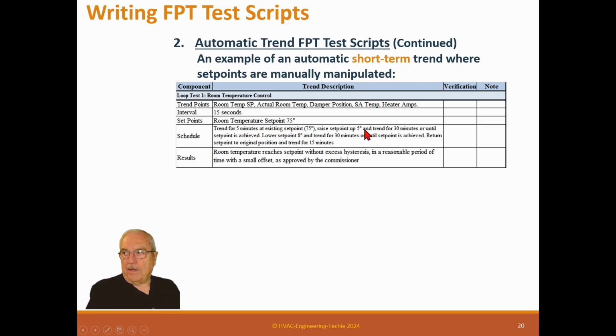Raise set point up 5 degrees and trend for 30 minutes or until the set point is achieved. So what we're going to do is take this existing set point and then raise the temperature to get it into heat. So now we're going to watch, make sure this heater comes on. And then after it's got the temperature set point, because we want to know how long it takes, then we're going to dive it down 8 degrees.